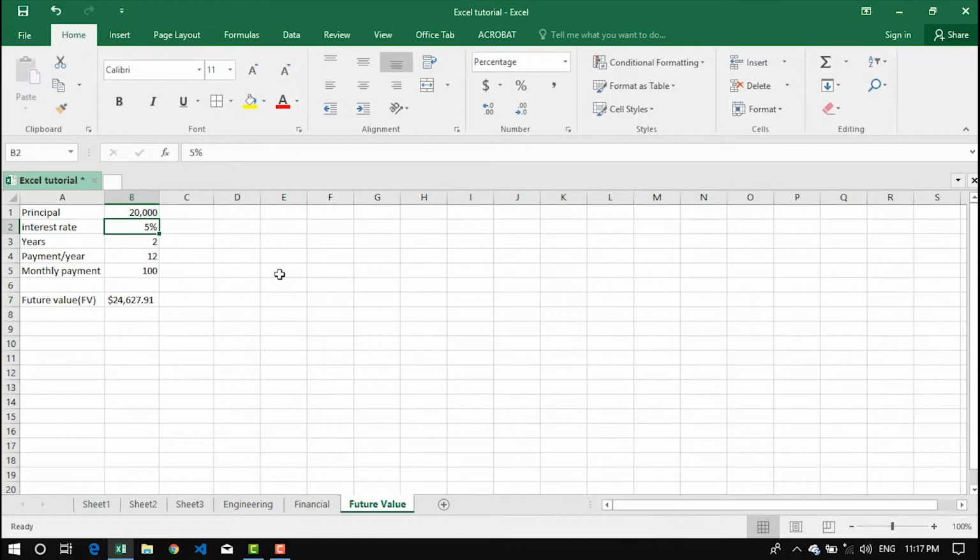We can also play around with the rates. Change the payment made per year and you'll get an updated value. But here we would have to maintain the monthly payment and the periods as constant.